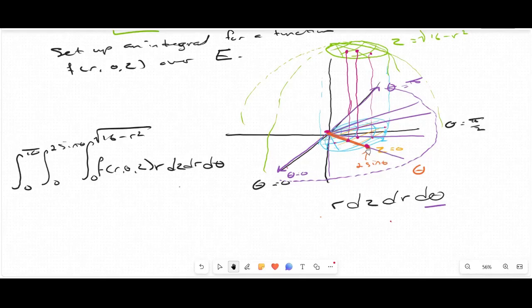But just like theta has to stop and wait, now R has to stop and wait at every point on its journey, so that this innermost integral z can also take place. So for every single step on R's journey, z has to do something, and that's given by this innermost bound. And then go back and imagine theta takes a step forward. R takes a step forward, z goes again, until R reaches its destination.